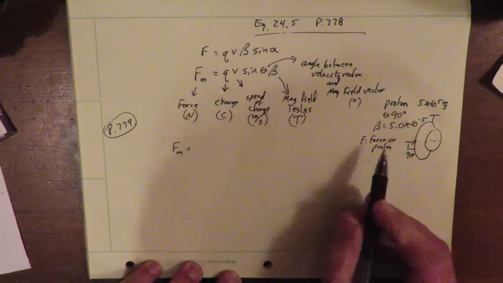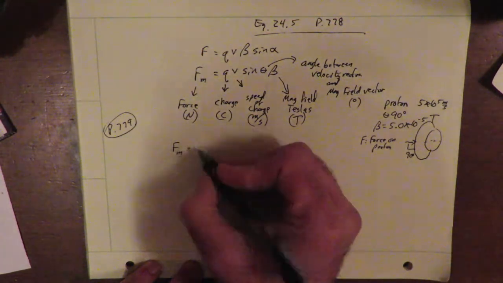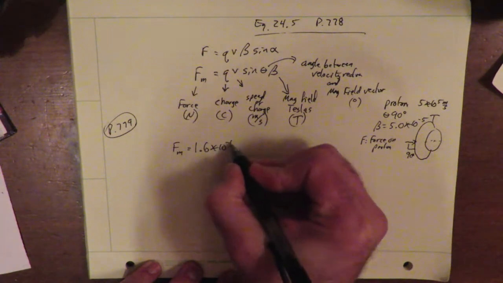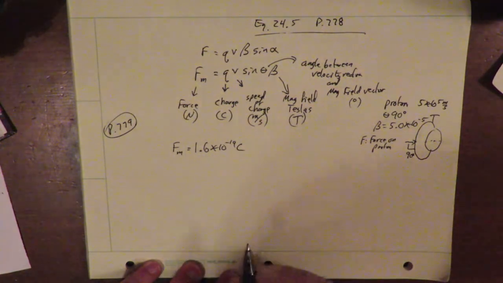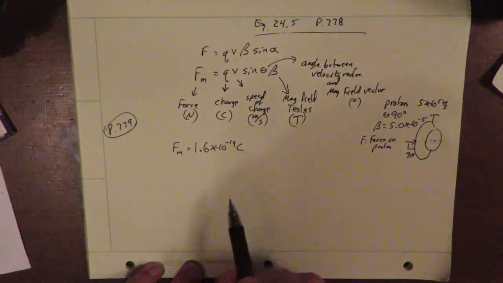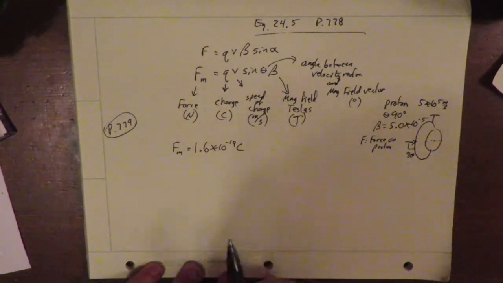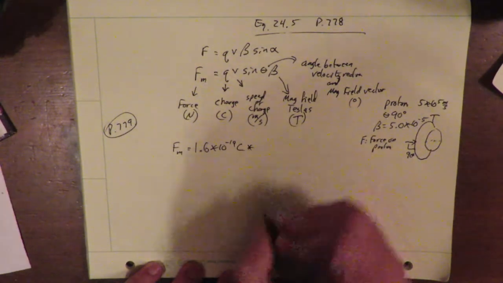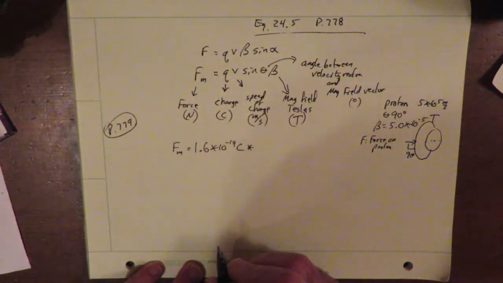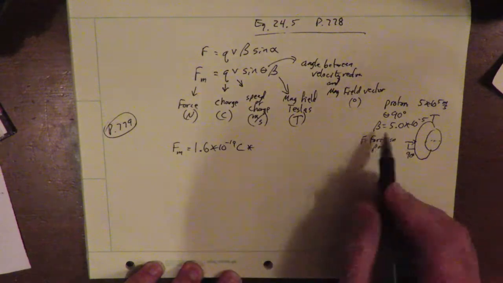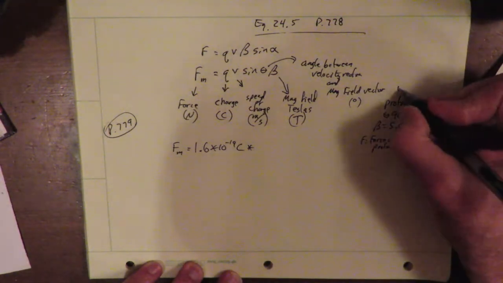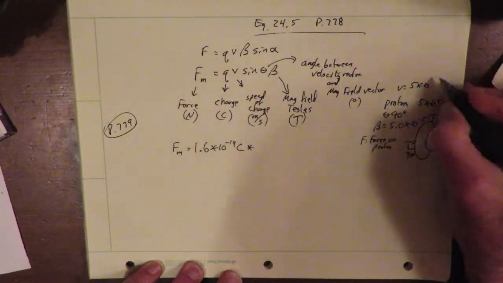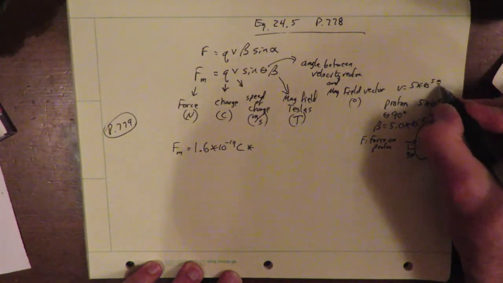The charge on a proton is the elemental charge, 1.6 times 10 to the minus 19th coulombs. I get that off the AP gouge. Remember, the charge for a proton is the same as the charge for an electron. We're going to multiply that by the velocity of the proton. The velocity was 5 times 10 to the 5th meters per second.